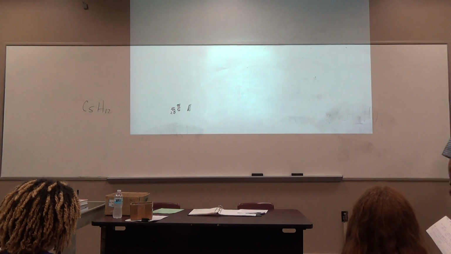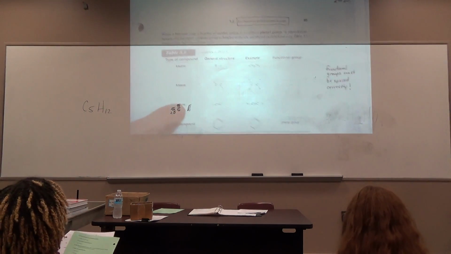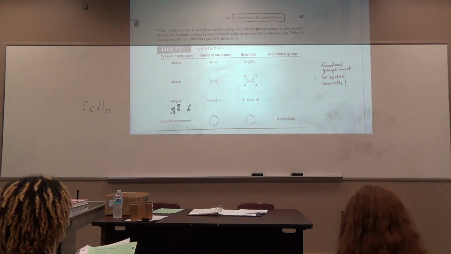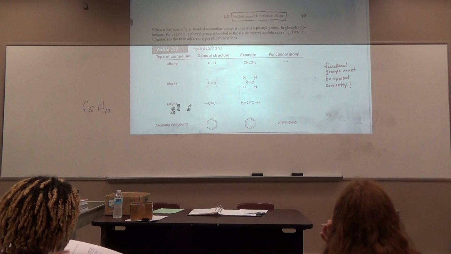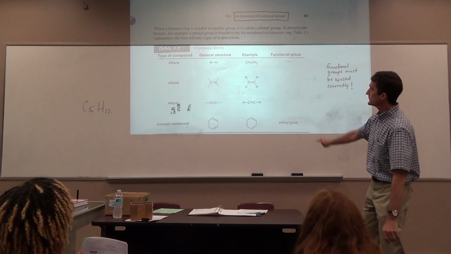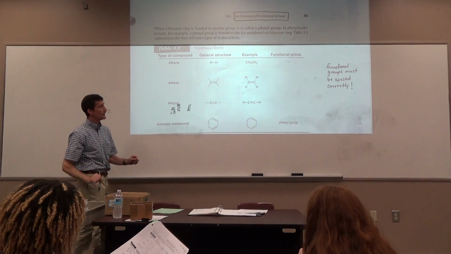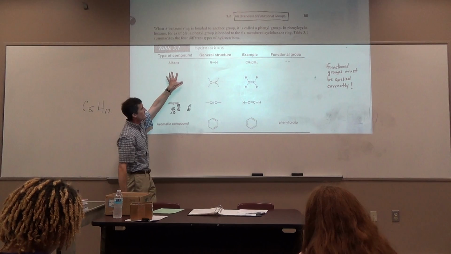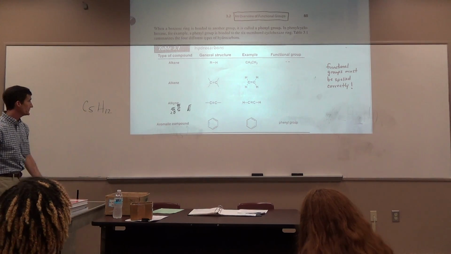Functional group handout. This table here, packet. First are your hydrocarbons, just hydrogen and carbon. Alkane is just going to be a plain saturated hydrocarbon.